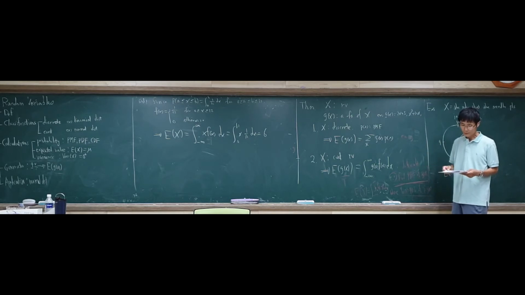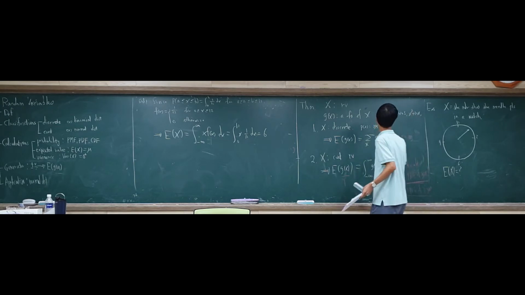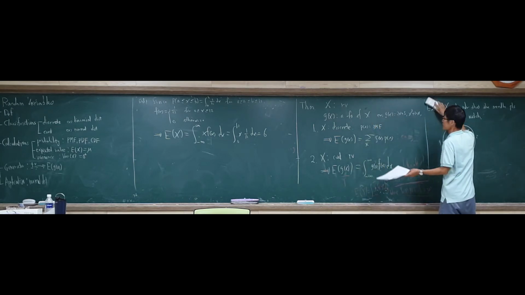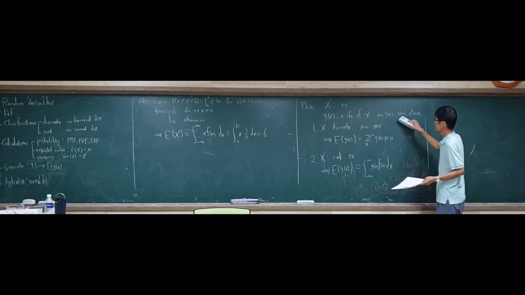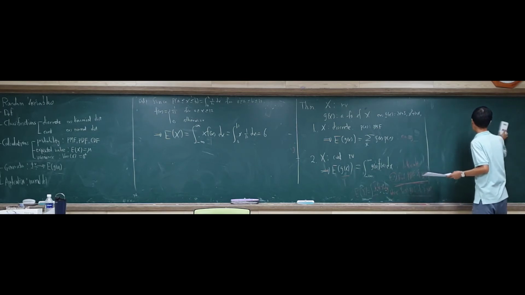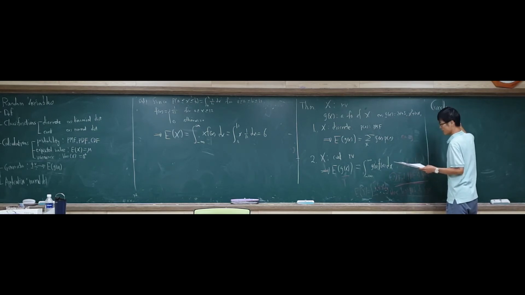From this theorem, you can prove the following corollary easily. If g(x) is a linear function like this one, then we can find the expected value easily as follows.